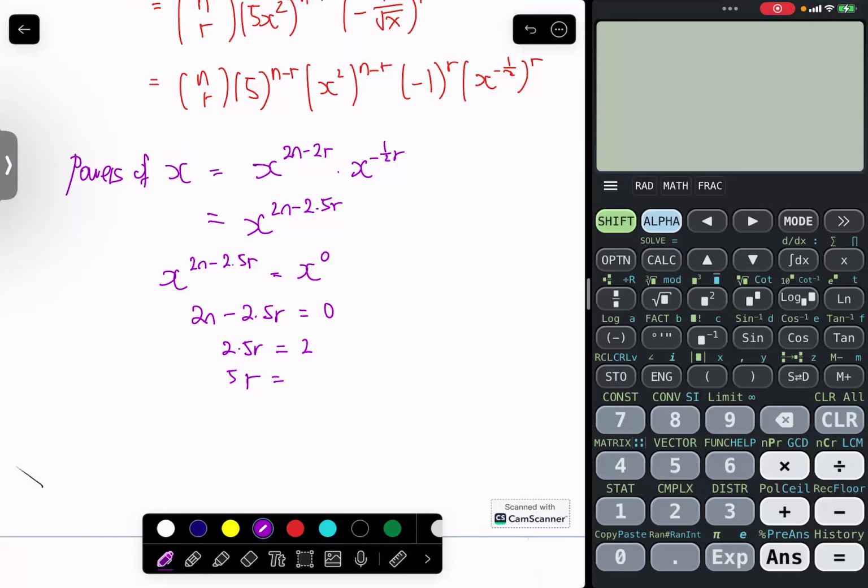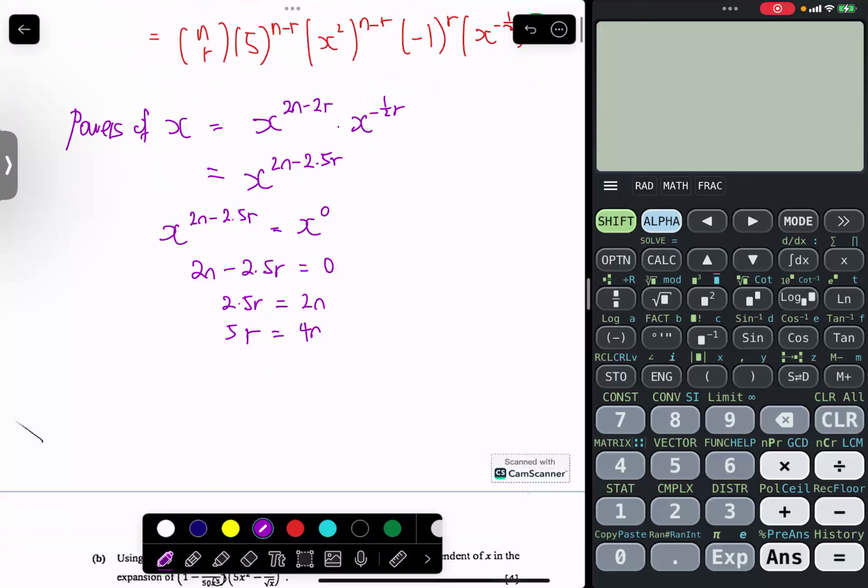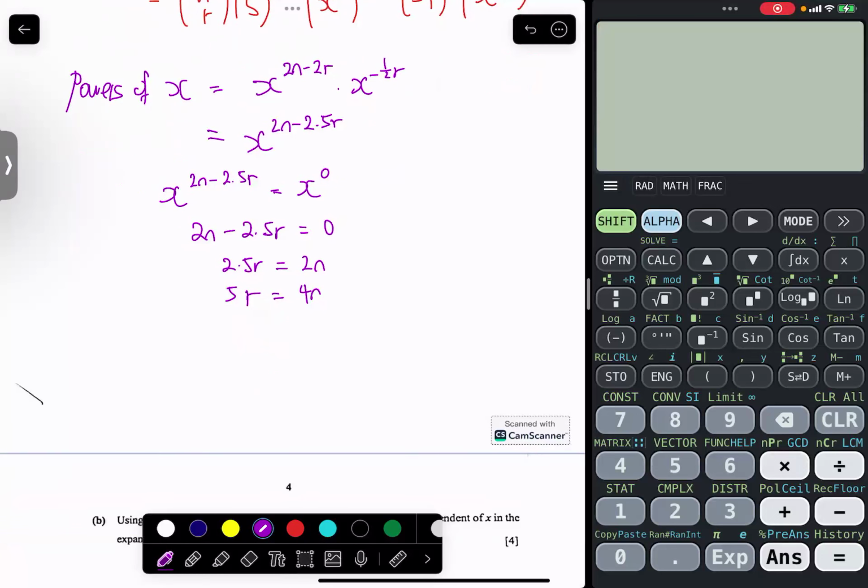5r equals 4n. That means n equals 5 over 4 of r.